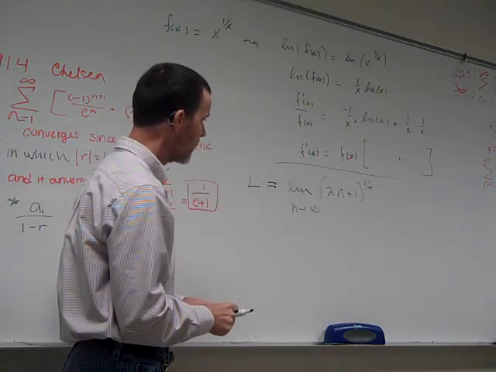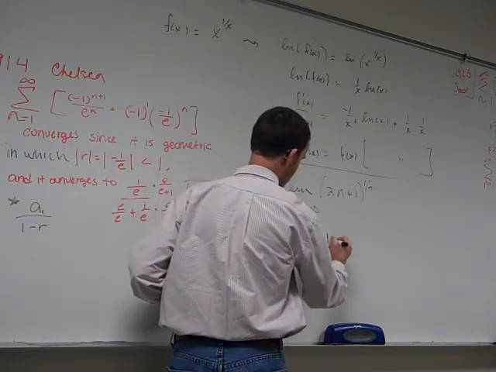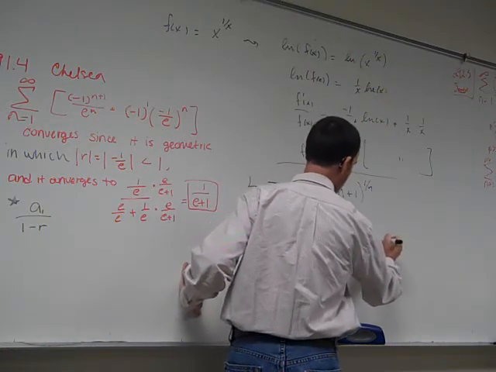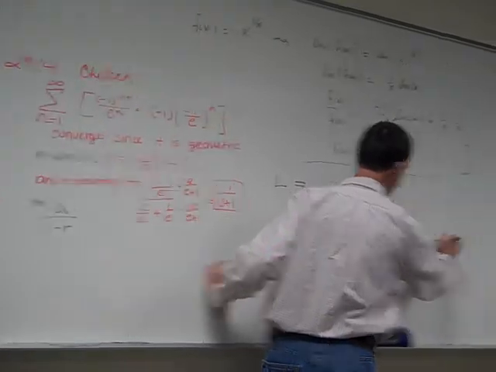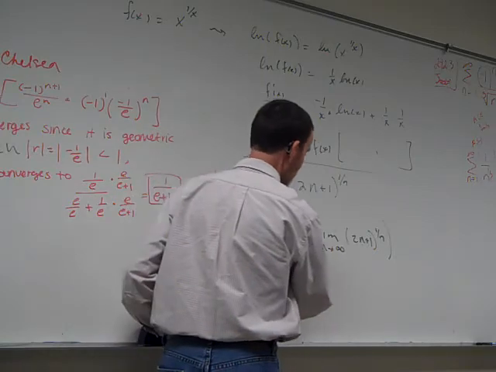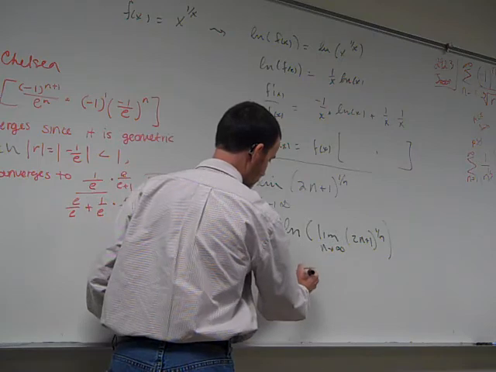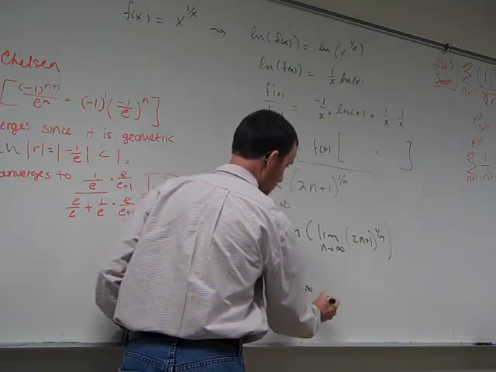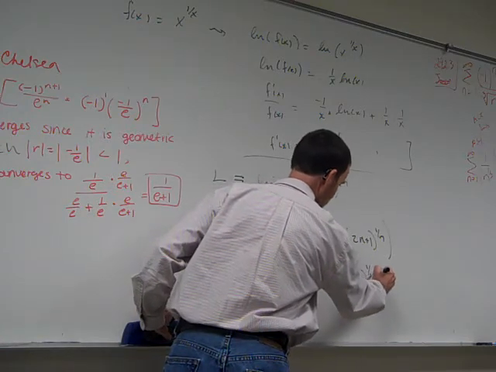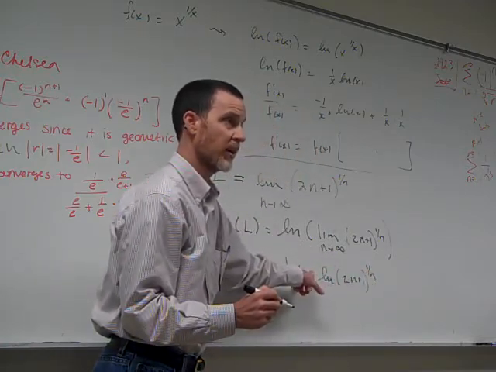Then what you do is you take the natural log of both sides. Now you can actually swap the limit and the natural log. Now you can put that 1 over n out front.